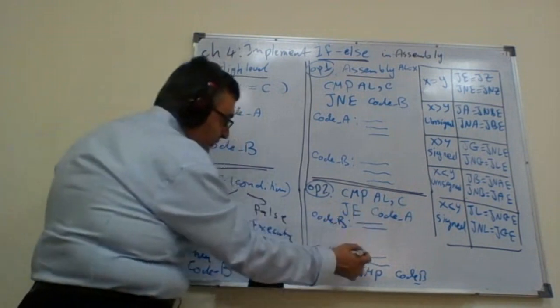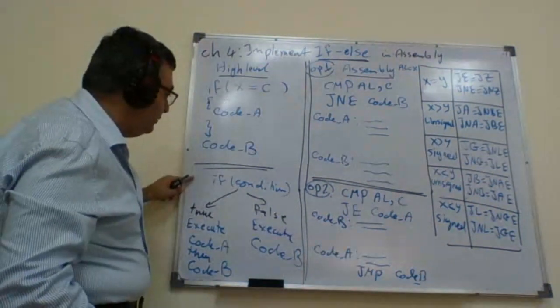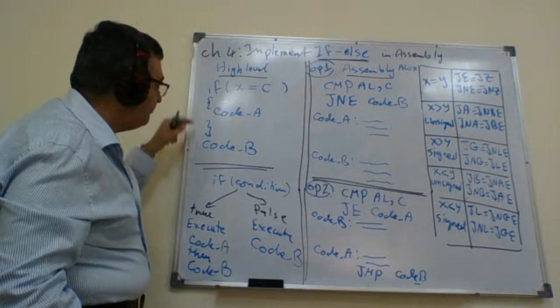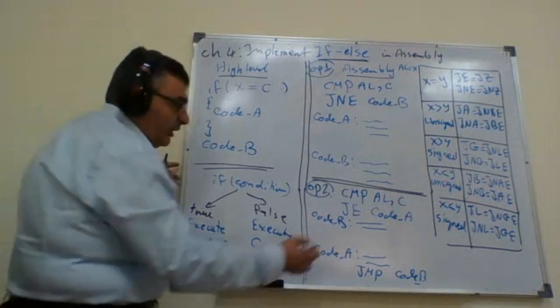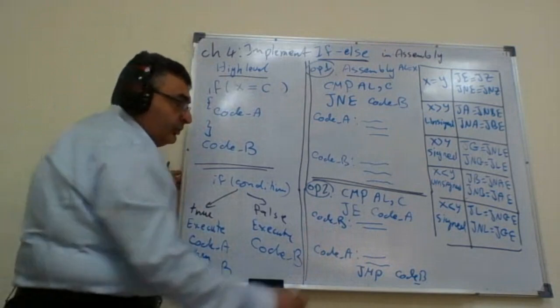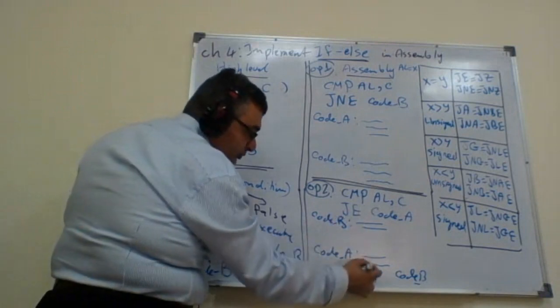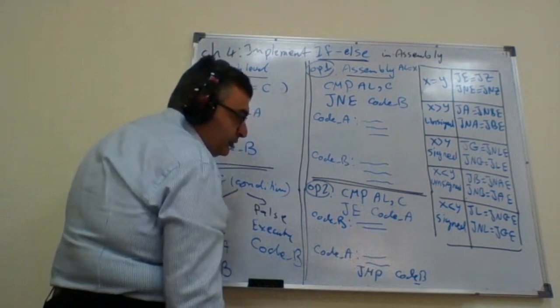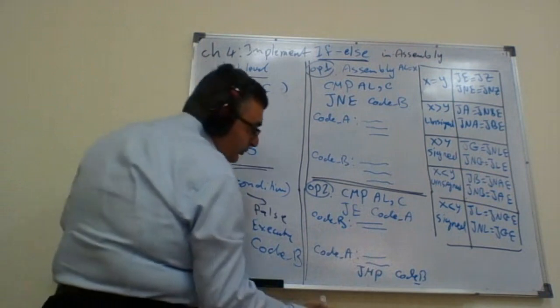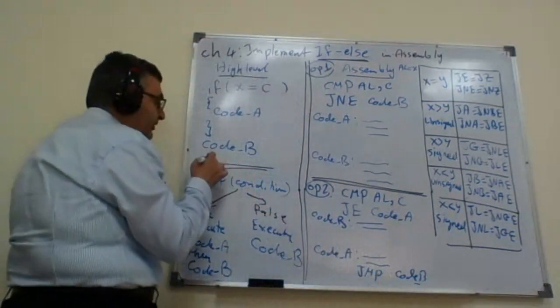But after executing B, the high level language tells me I have to skip the code for A. So I cannot leave the code for B followed by the code for A, because this means it will automatically execute. So I have to have here another jump.